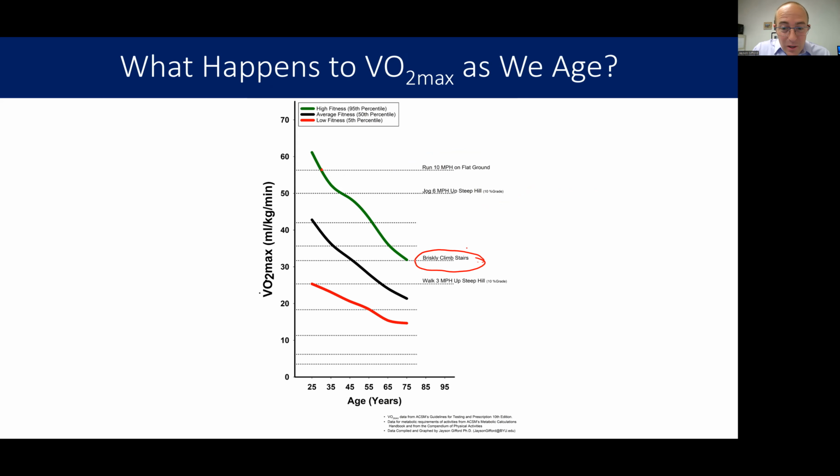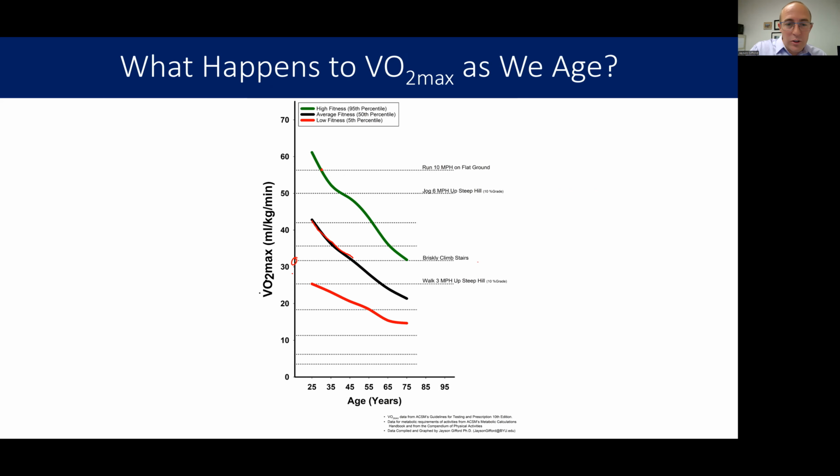Now, that's going to require a VO2 somewhere around 32 milliliters per kilogram per minute. For your average adult, that's going to be under your VO2 max till you're about 45 or 50 years old, meaning that you can sustain it, you can do it. You might have to slow down a little bit as you age, but it's doable.